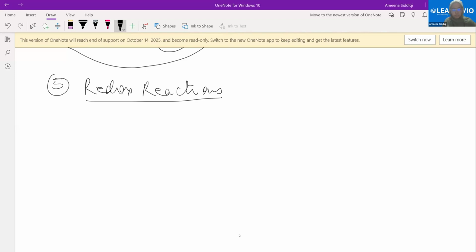Wonderful. So let's try to quickly understand some of the points here. Redox reaction is a combination of two types of reactions. One is oxidation, as you rightly said, Beta, and the other is reduction.